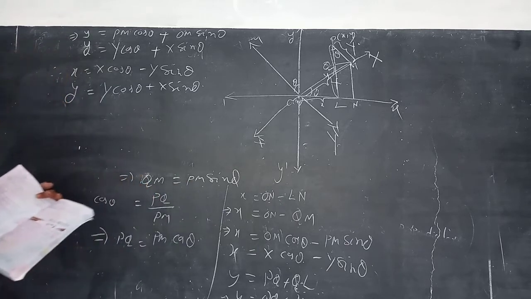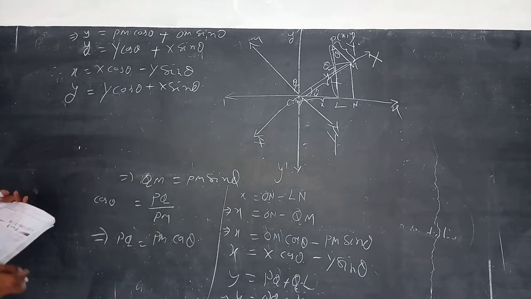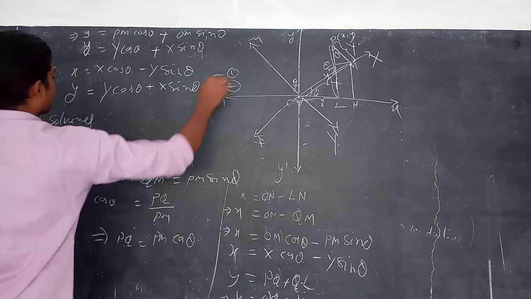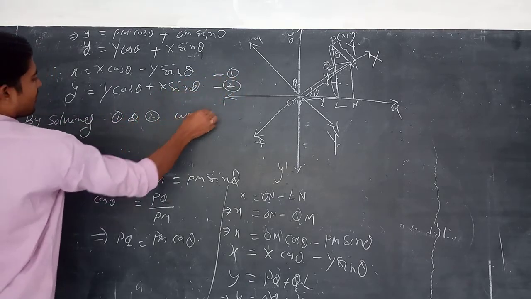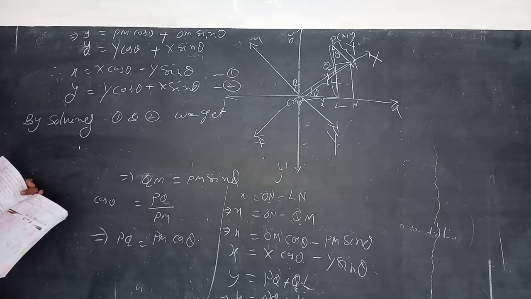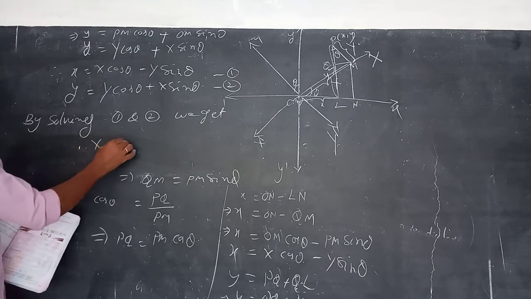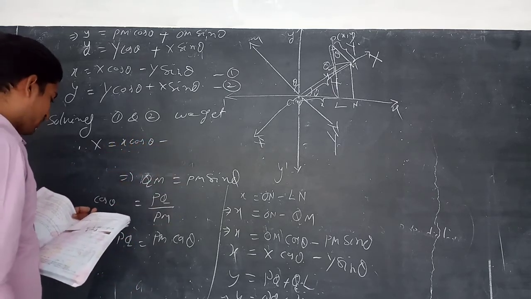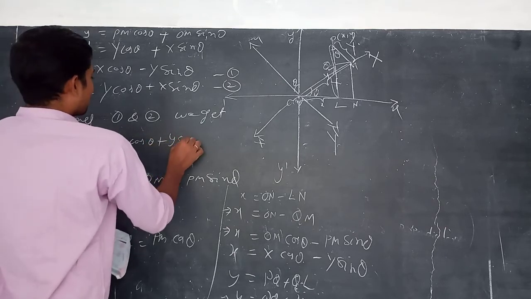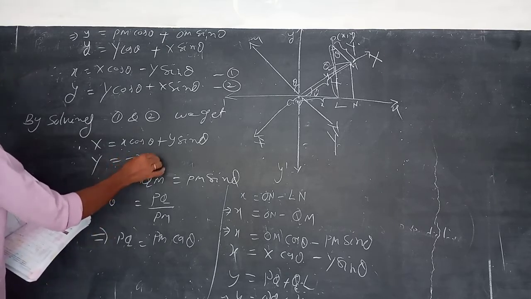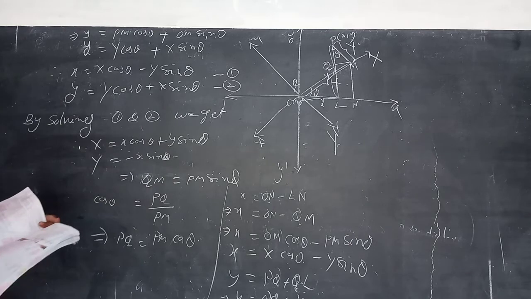By solving these two, suppose this is 1 and this is 2, we get capital X equals x cos theta plus y sin theta, and capital Y equals minus x sin theta plus y cos theta.